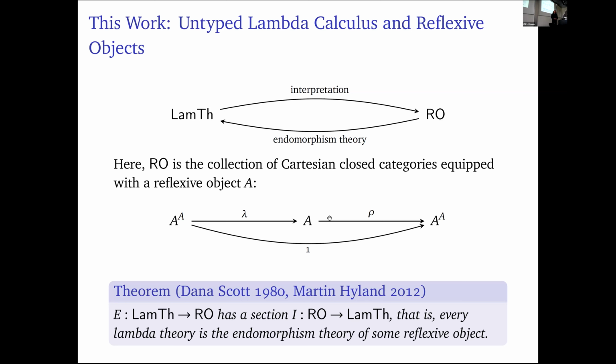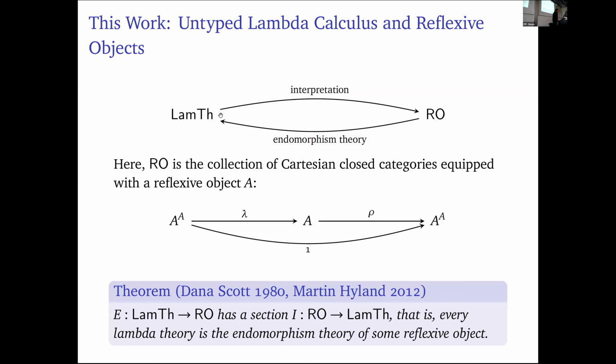The result about untyped lambda calculus is not quite as strong as the one for simply typed lambda calculus, but Dana Scott in the 60s, I think, proved that any lambda theory comes from some reflexive object.